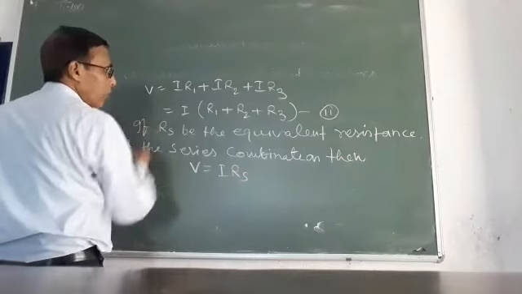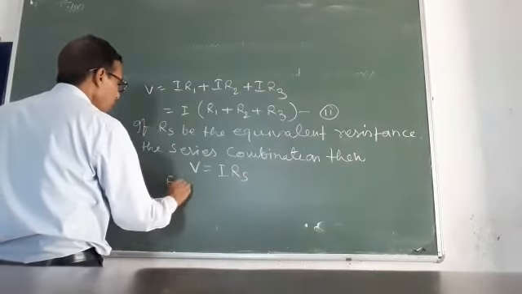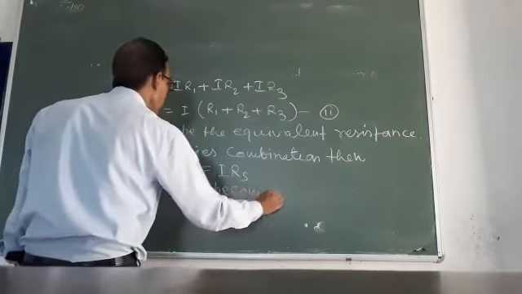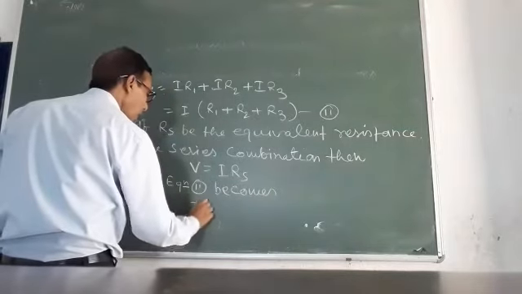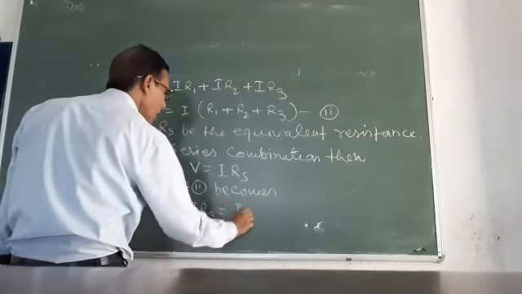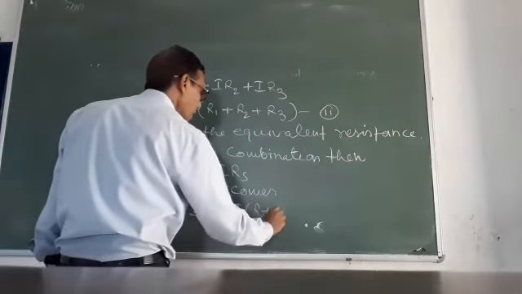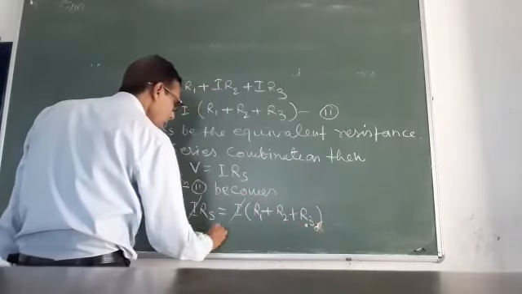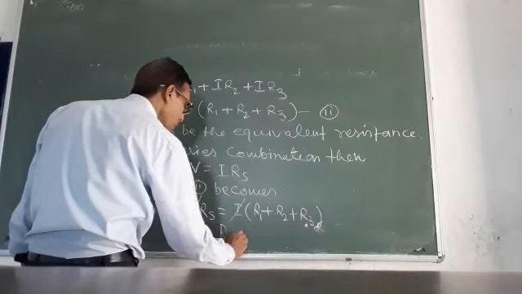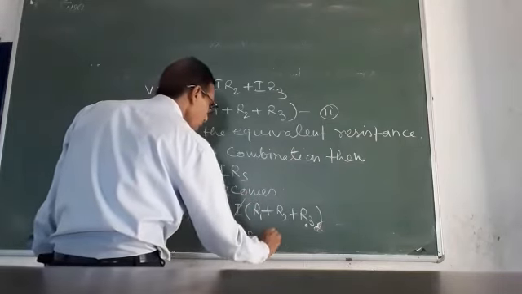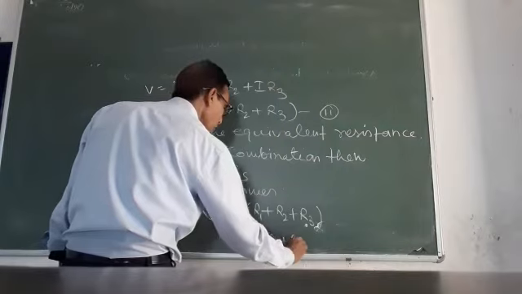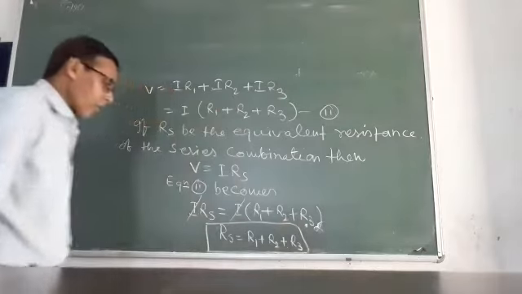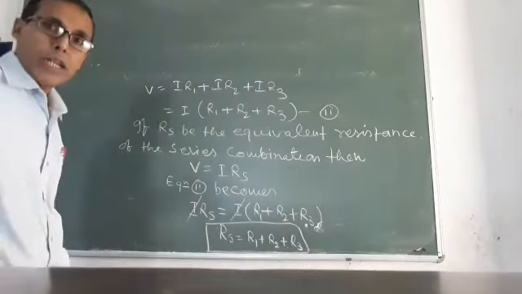Now putting this value in equation 2, it becomes I Rs is equal to I times the bracket R1 plus R2 plus R3. I cancels. So here Rs is equal to R1 plus R2 plus R3. So this is the expression for series combination of three resistors R1, R2 and R3.